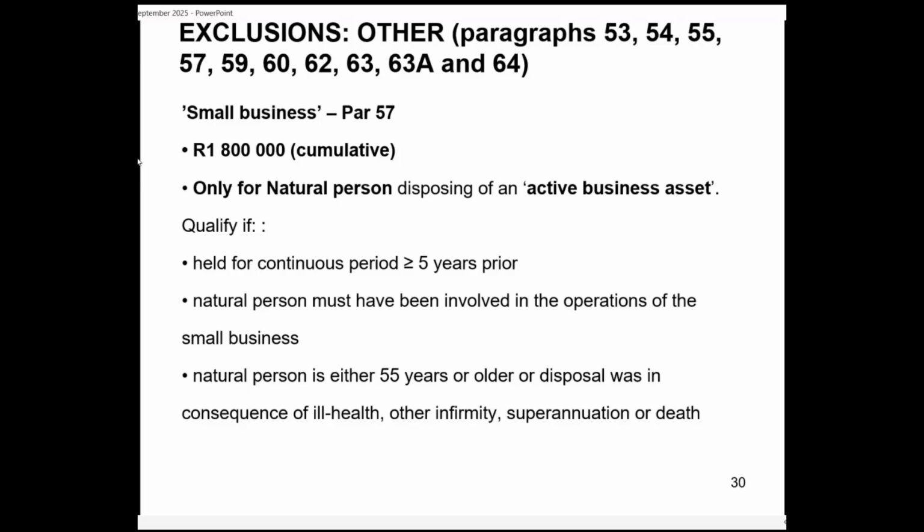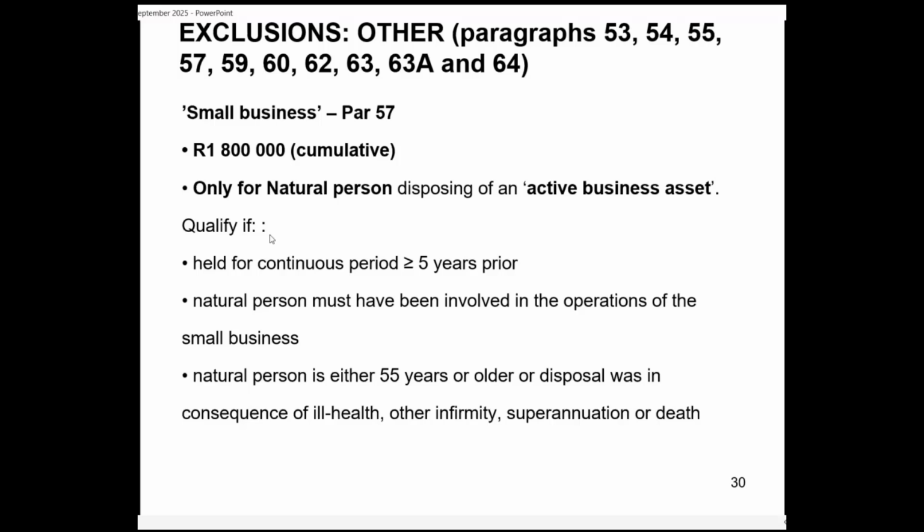Only it will be applicable to a natural person. The exclusion will be applicable to a natural person disposing of an active business asset only if the asset was held continuously for a period equal to or greater than 5 years prior, and the natural person must have been involved in the operation of a small business.